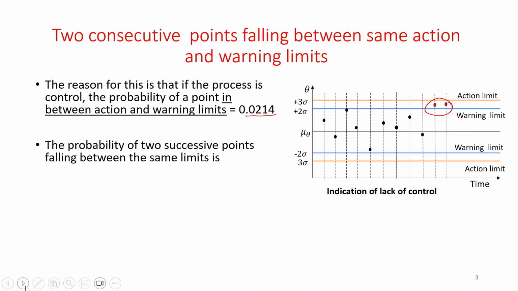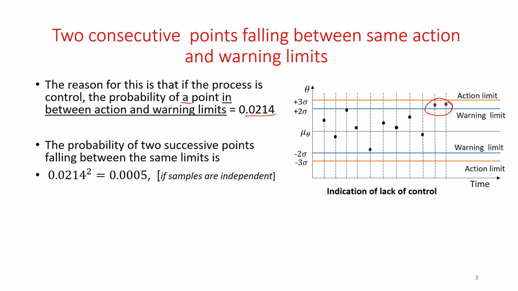So the probability of 2 successive points falling between the same limits is going to be 0.0214 squared. 1 point falling is 0.0214. So 2 points falling successively is 0.0214 into 0.0214.